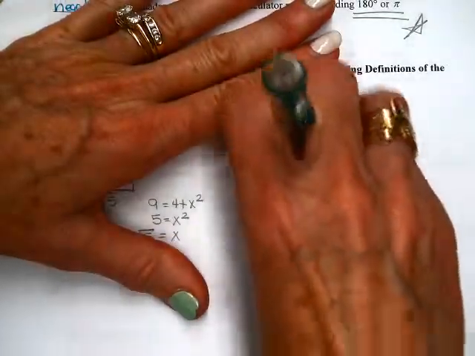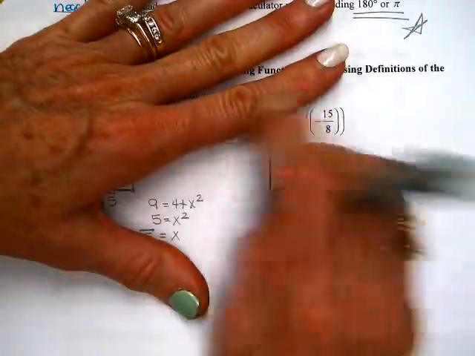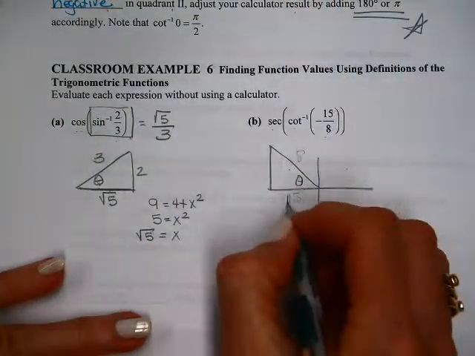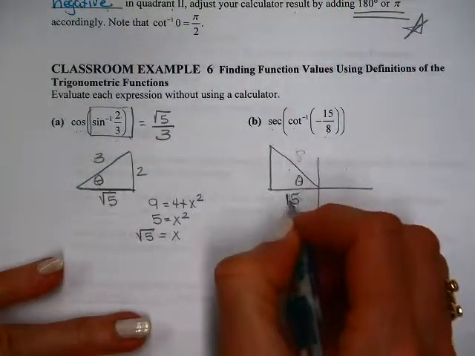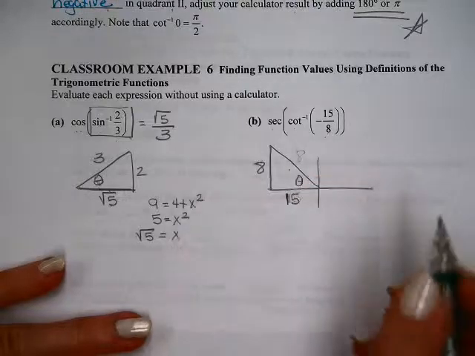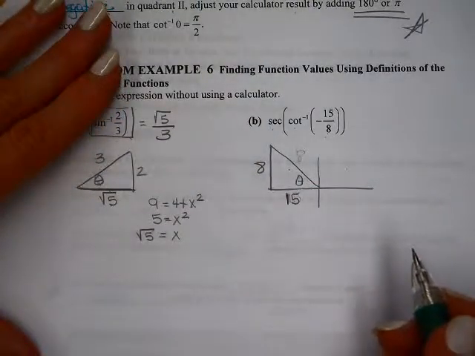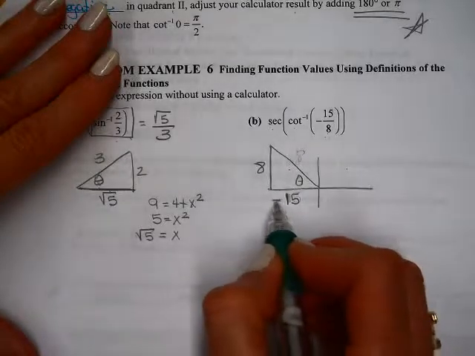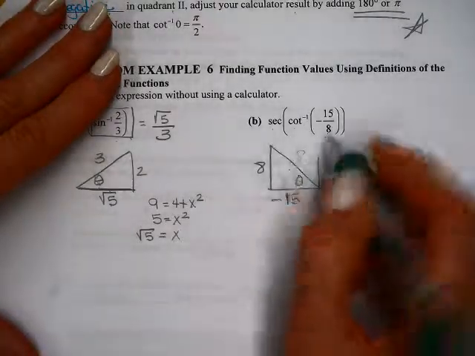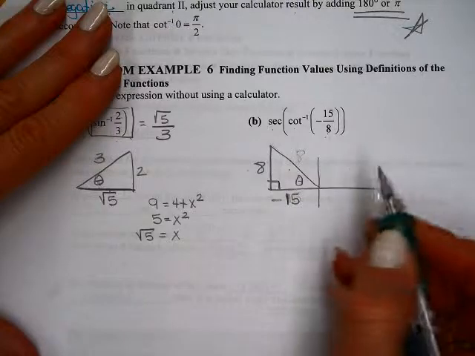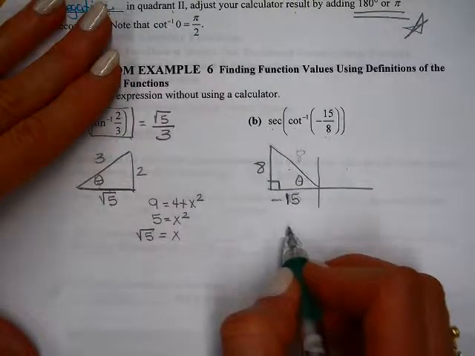What am I doing? I don't know what I'm doing. How about 15/8? That'd be better. One of these is negative. Which one's negative? The 15. Use your Pythagorean theorem to find your hypotenuse, and I think it's something like 17 maybe.